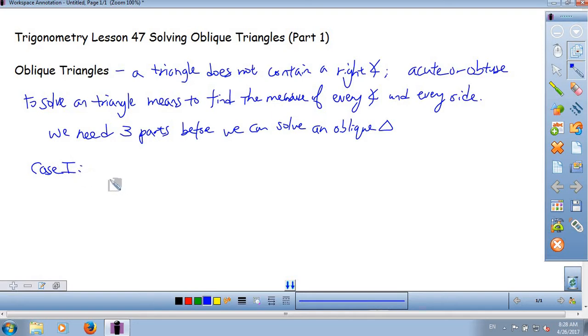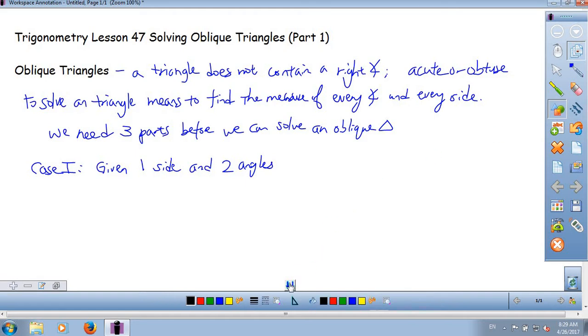So first case, case 1, is that we are given 1 side and 2 angles. So any 2 angles in a triangle, and then any 1 side, that's considered this case.